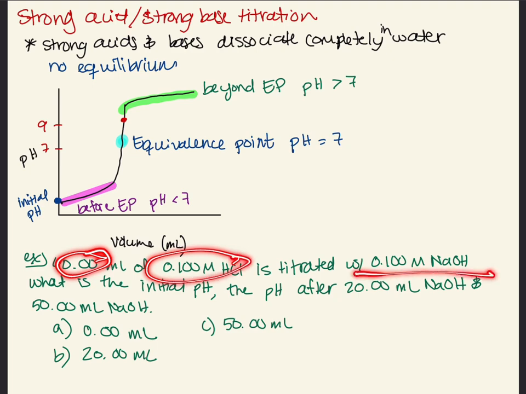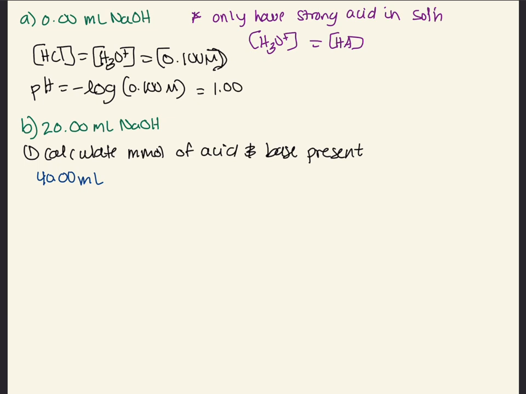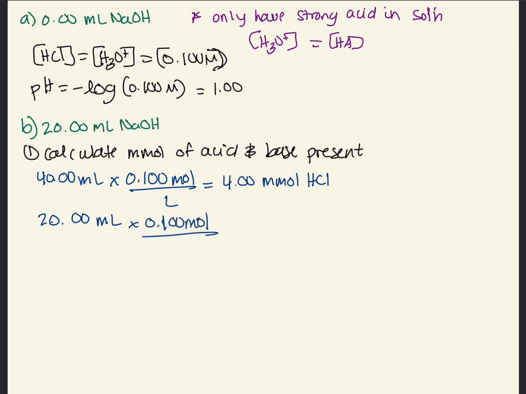And I notice that I also have 0.1 molar sodium hydroxide. So 40 milliliters of my acid times 0.1 molar is going to be equal to 4 millimoles of my acid. Now I can do the exact same thing for my base. And that is going to give me 2 millimoles of my base.